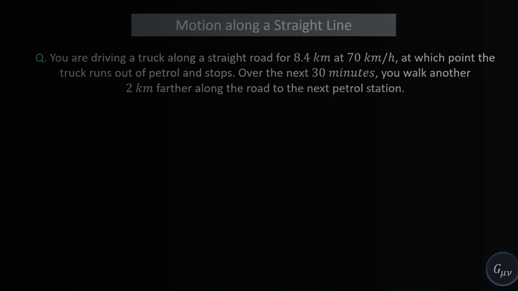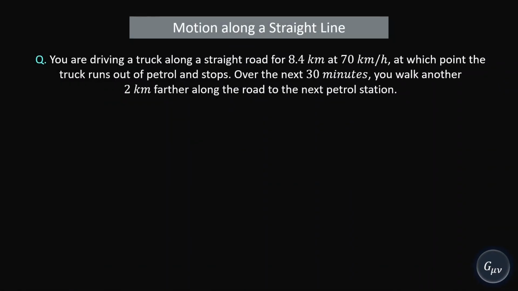So, the problem at hand is the following. Imagine you are driving a truck along a straight road for 8.4 km at 70 km per hour, at which point the truck runs out of petrol and it stops. Over the next 30 minutes, you walk another 2 km farther along the road to the next petrol station.